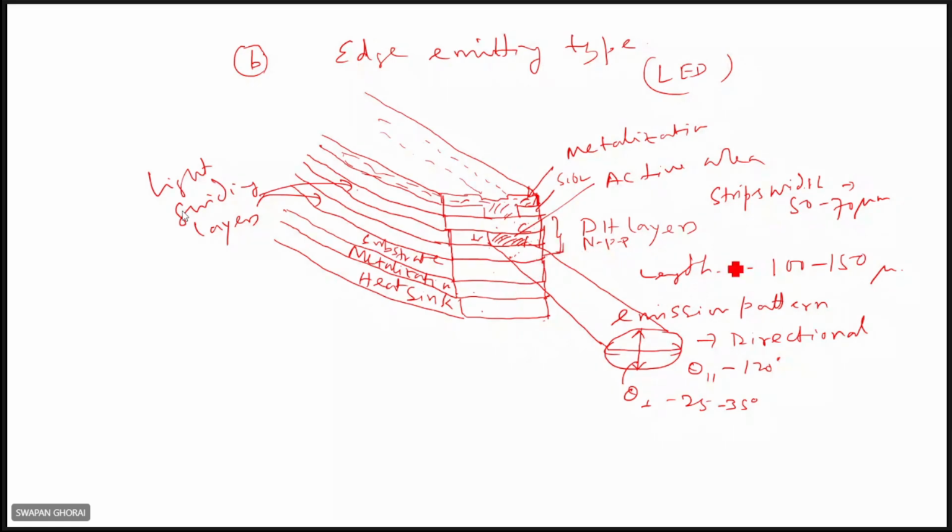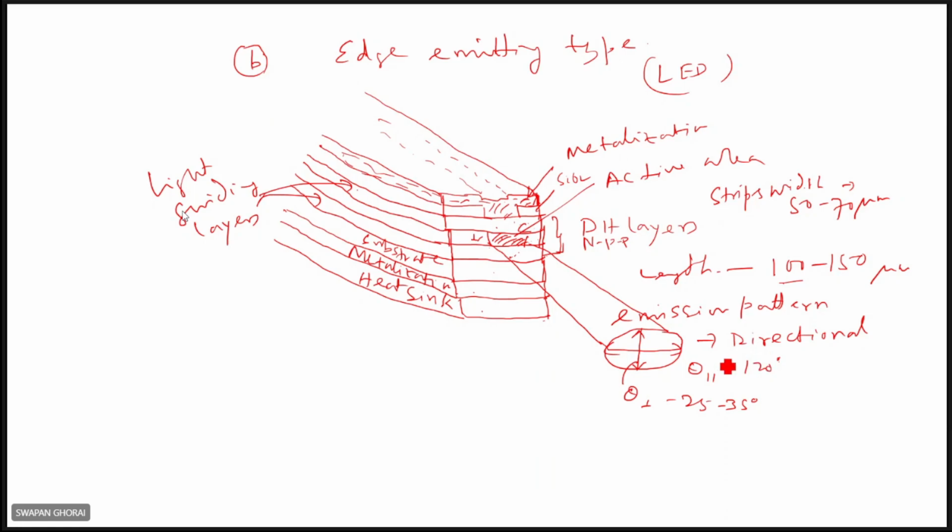So in this case, this active layer forms a waveguide. That's why light is more directional in this case. And the length is around 100 to 150 micrometers, right? And in this case, the emission pattern is more directional than that of surface emitters.